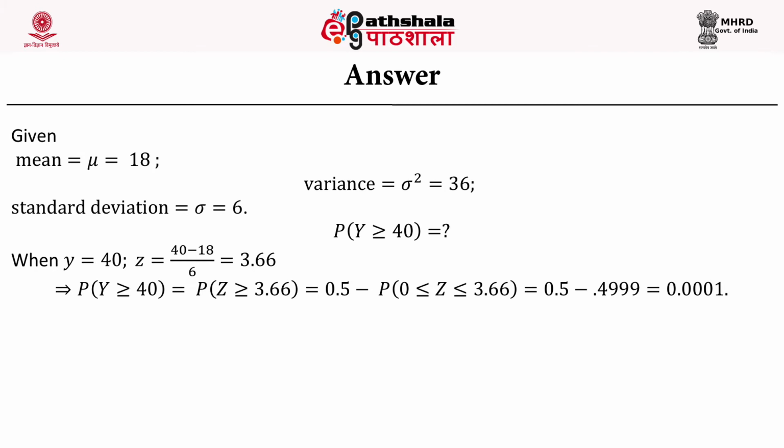So if we are interested in finding the probability of y greater than or equal to 40, it is similar to the probability of z greater than 3.66, after subtracting the mean and dividing by the standard deviation. From the table we can see that the probability of z lying between 0 and 3.66 is 0.4999. After subtracting this value from 0.5, we get the answer as 0.0001.